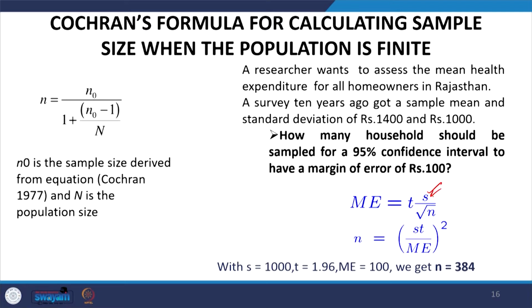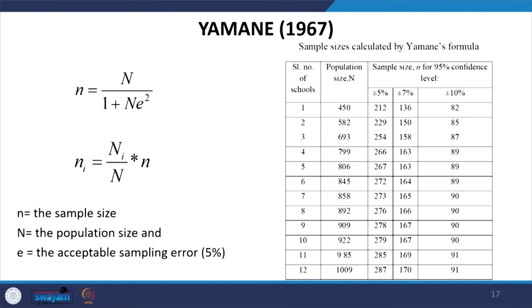We have taken the Z value at 1.96 and the margin of error of 100, and we get n equal to 384. So, small n here is the sample size derived from the Cochran equation, and capital N is the population size. So, we are now going to calculate.